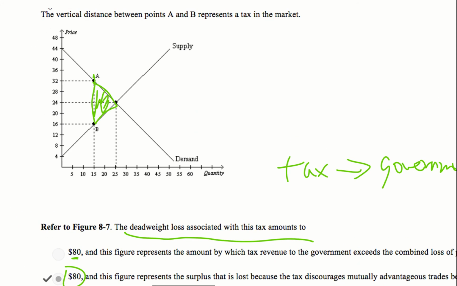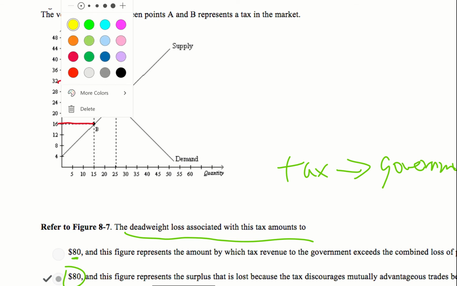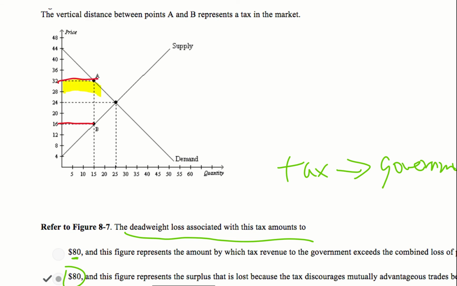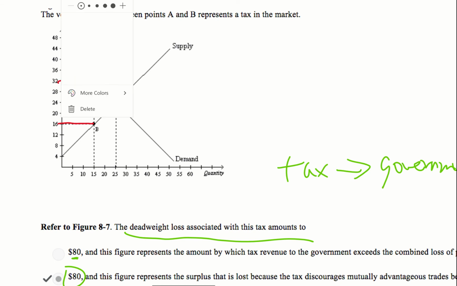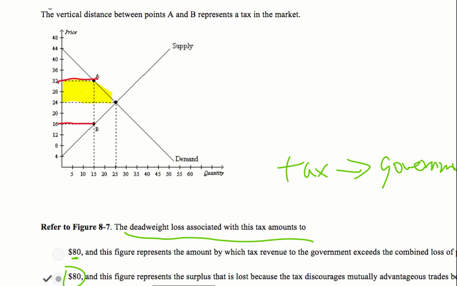Now we can see on the graph over here. Okay, so when you impose a tax on this market, price goes up for buyers and then price goes down for sellers. So if you look at how much buyers lose, buyers are losing this little area on top. That's how much buyer loses. But seller loses the little area below. So that's how much seller loses. Now, however, part of it is given to the government as tax revenue. So part of it is recovered by the government.